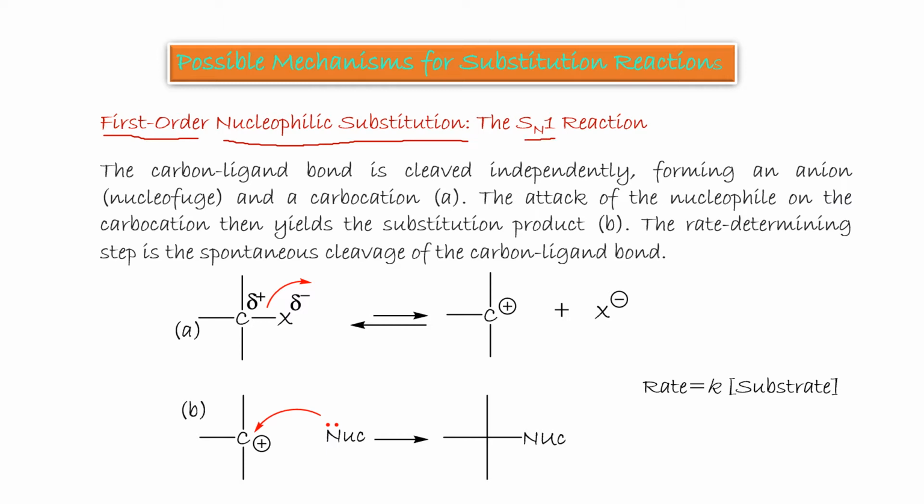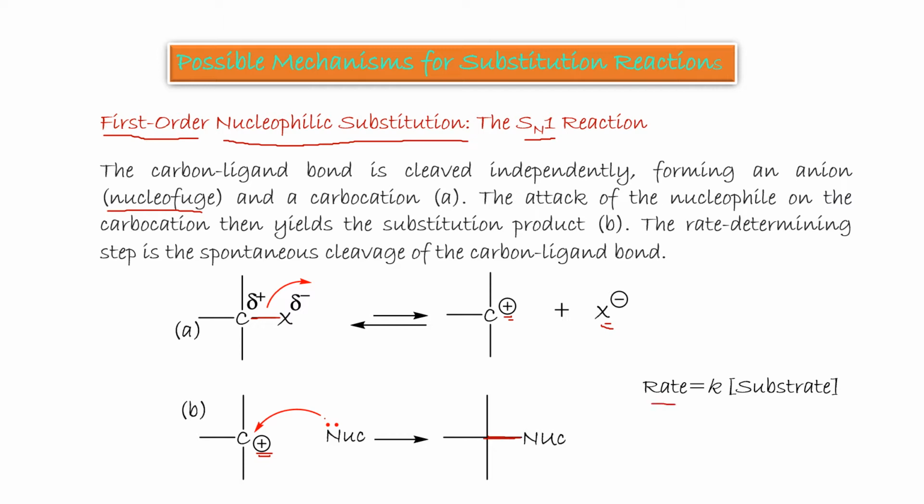SN1 reaction. The carbon-leaving group bond is cleaved independently, forming an anion, the nucleofuge, and a carbocation. Then nucleophilic attack on the carbocation forms the carbon-nucleophile bond.